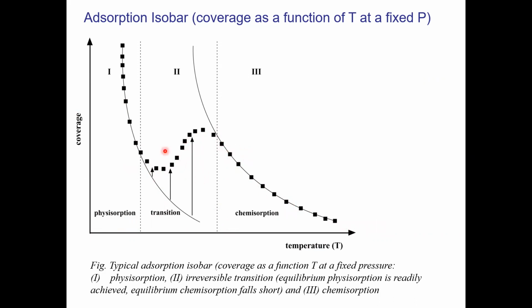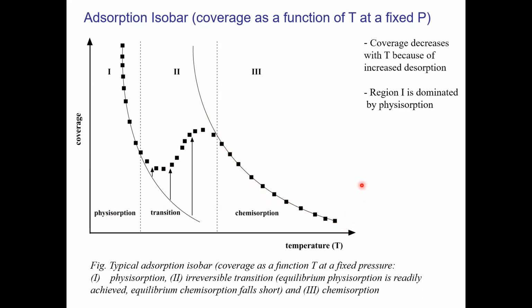So what happens is you will see that this sigmoidal type behavior will be followed in the conduction behavior of the material. So at low temperature, it will be dominated by physisorbed species. Chemisorbed species will take over. Chemisorption will increase, and so will the sensitivity of the material. The sensitivity will maximize somewhere there. And then beyond that temperature, desorption will take over, and the sensitivity will go down.